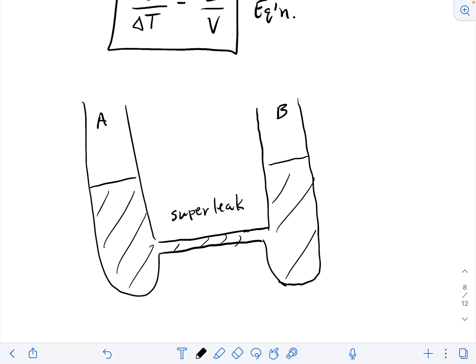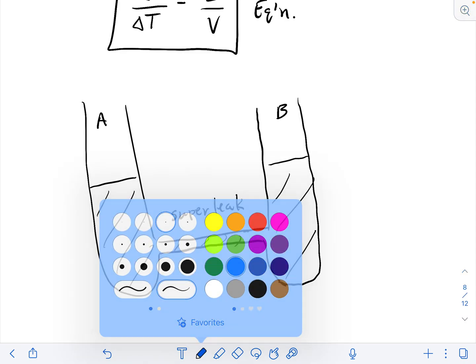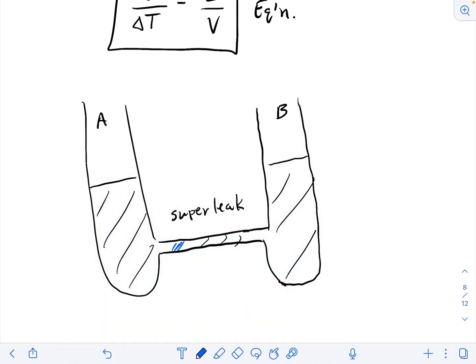And so that means there's a fine powder that's been packed into this narrow channel. And what that fine powder does is it makes these microscopic capillaries. Only the superfluid can pass through these fine capillaries. The normal fluid can't pass through.